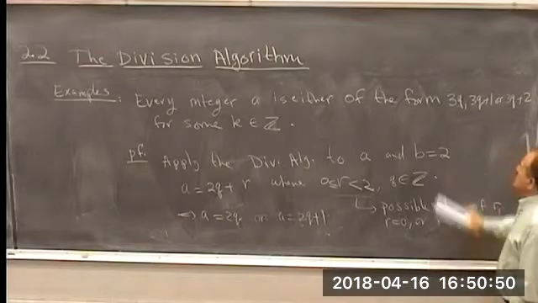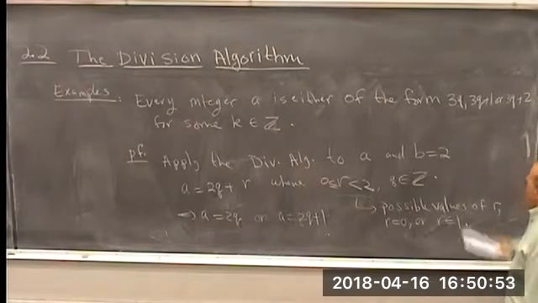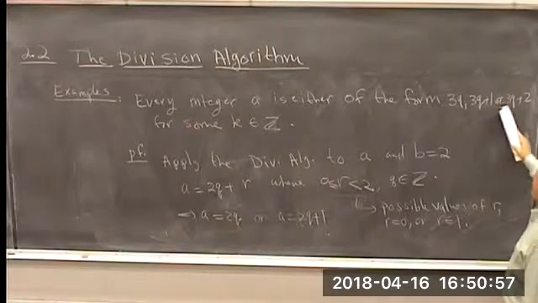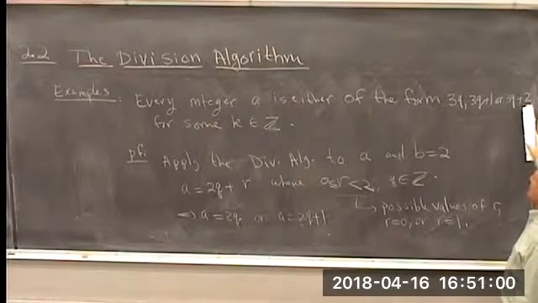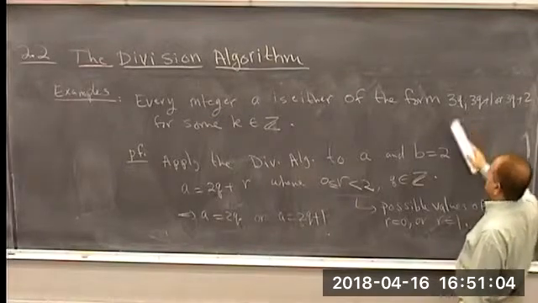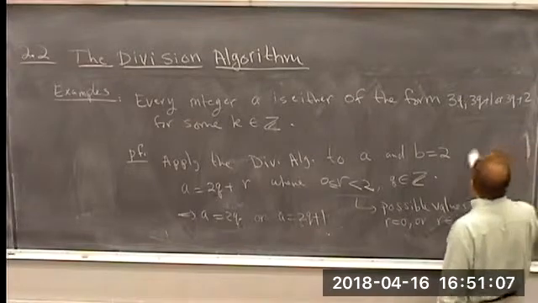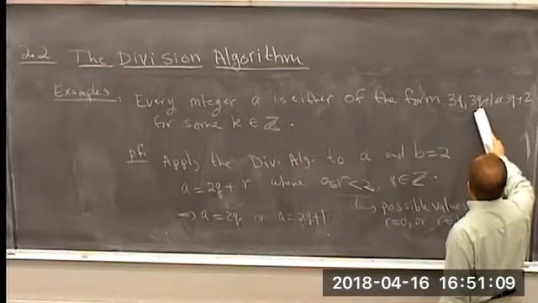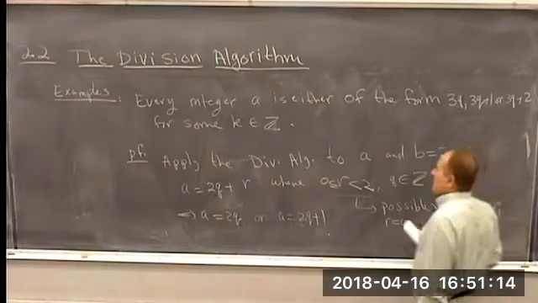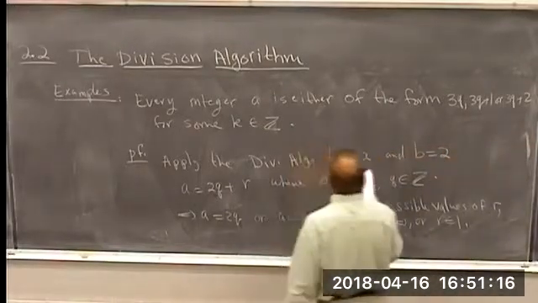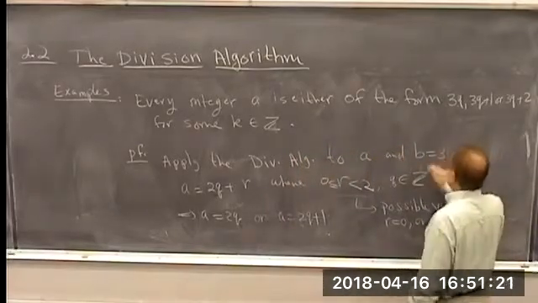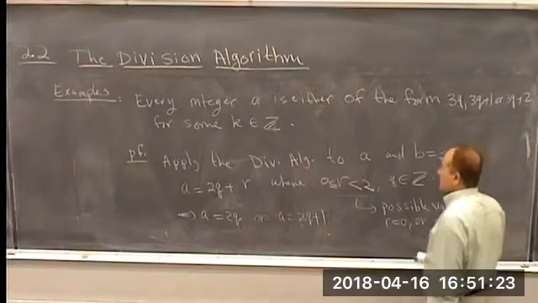Now, to get to these different forms, multiple of 3, multiple of 3 plus 1, and multiple of 3 plus 2, or sometimes we characterize these as the integers which leave 0 remainder when divided by 3. This leaves a remainder of 1, and this leaves a remainder of 2. That's the A, with these different forms. And in this case, all we have to do is to apply the division algorithm to A and 3. And then it gives you that form.